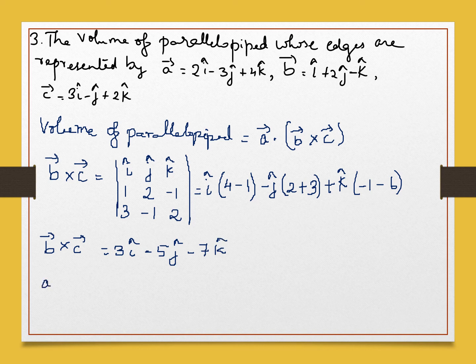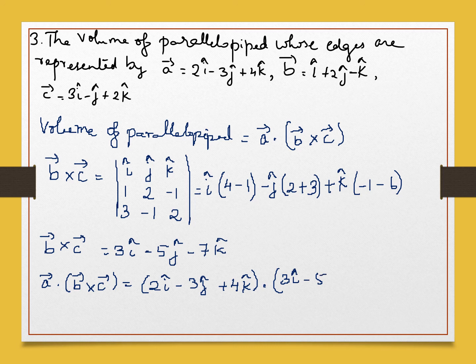Now we have to do the dot product with A to find the volume of the parallelepiped. A vector is 2i cap minus 3j cap plus 4k cap. That is made a dot product with 3i cap minus 5j cap minus 7k cap. Now just multiply the coefficients of the unit vectors of both the vectors.